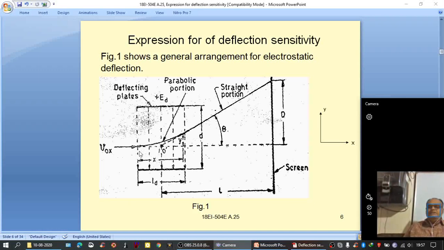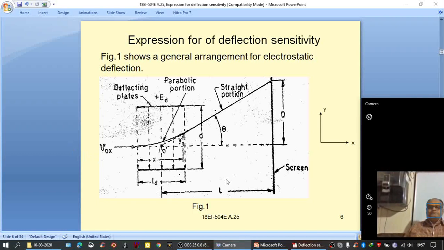At the beginning of the vertical deflection plates, let the initial velocity be Vox in the x direction, and in the y direction there won't be any velocity. In the z direction also there won't be any velocity.